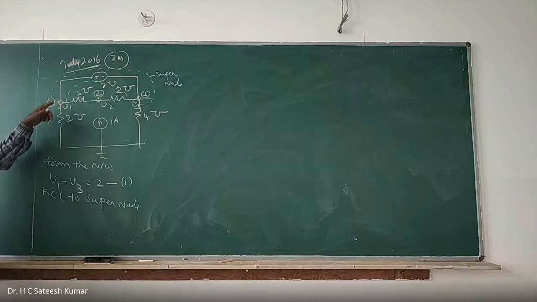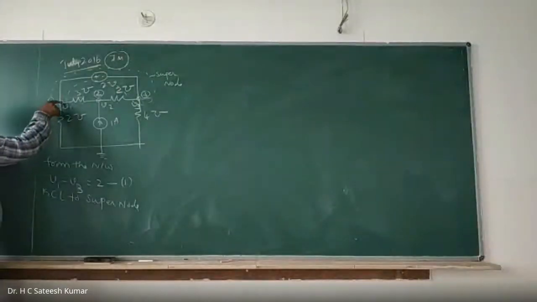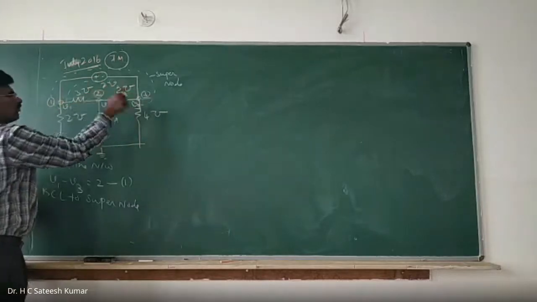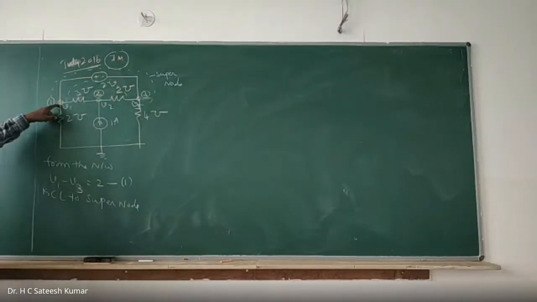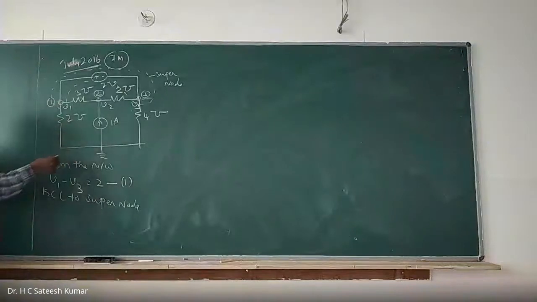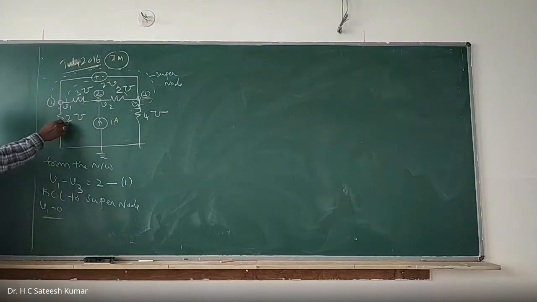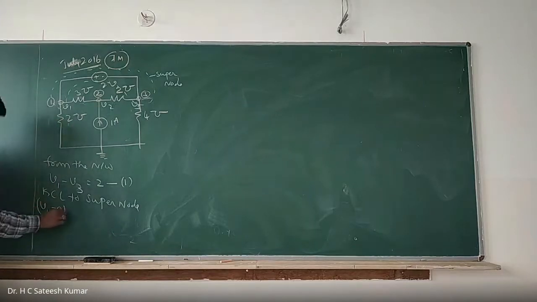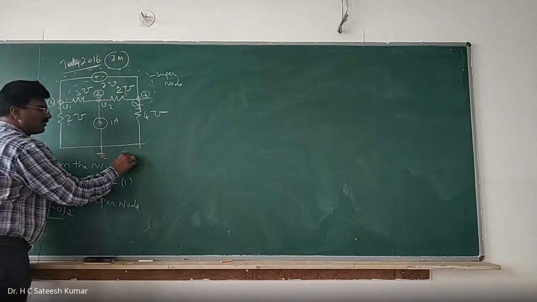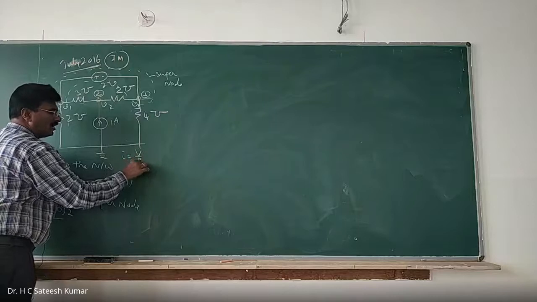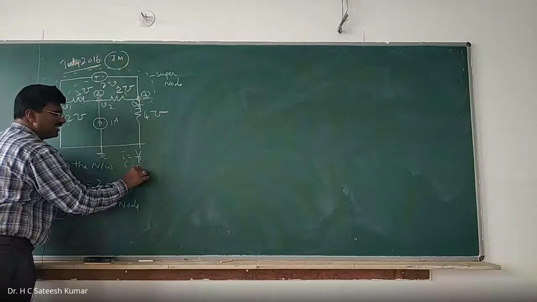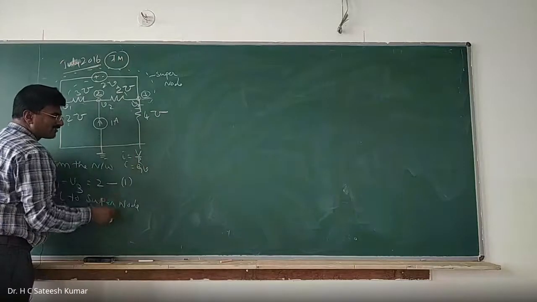Right. Now, for this super node, if you apply KCL, what are the branches? For this one, you leave this one, we have 1 plus 1, 2. For this one, we have 2. Four terms you should get. So start from this point. V1 minus 0 into 2, since conductance is given and I is equal to G into V, where 1 by R is conductance.